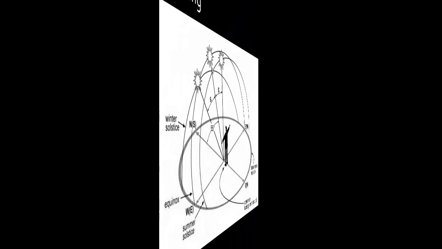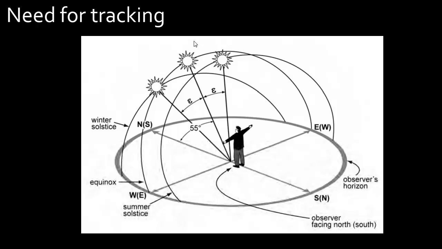So now that we have discussed the phenomena of day and night and the tilt of the earth, it's a good point to introduce the need for tracking. To do that, we can think from the perspective of us mere mortals living on the planet, for whom all these interplanetary motions manifest in how we perceive the sun.